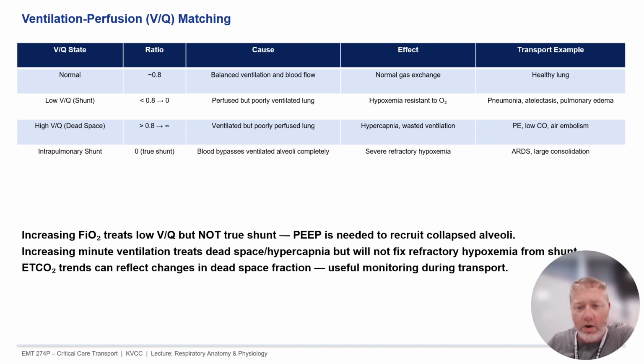So understanding based on the patient's history and diagnosis and condition, whether it's a shunt or dead space that's causing the hypoxemia, is important to think about so that you can know how to treat it.